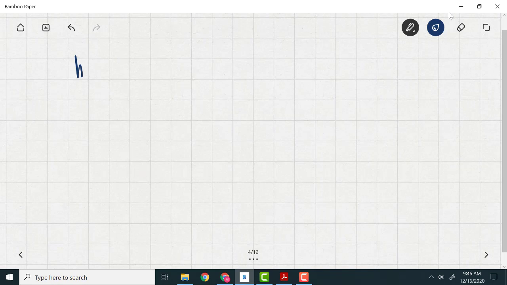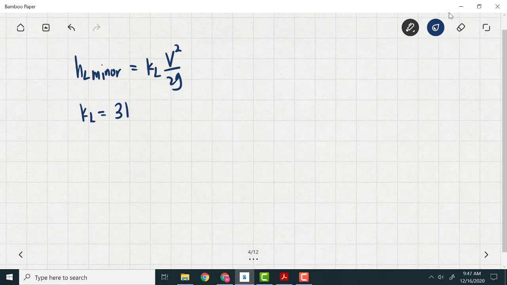So HL minor equal to KL V square over 2G. So KL tadi kita ada berapa? Yang diberi kepada kita cuma elbow sahaja. So KL kita ada 3 K elbow, K elbow 90 degree. So 3 darab dengan 1.5. So akan dapatlah nilai KL.